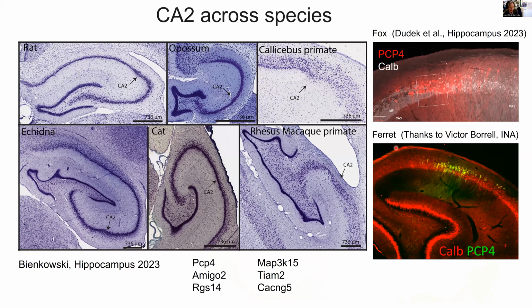Now, as I said, something that was clearly striking for us was the fact that there were clear differences in the CA2 organization in mouse and rats. And others have also noted this.